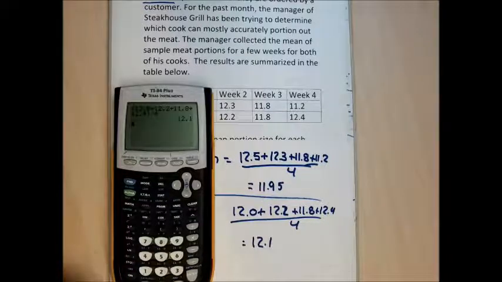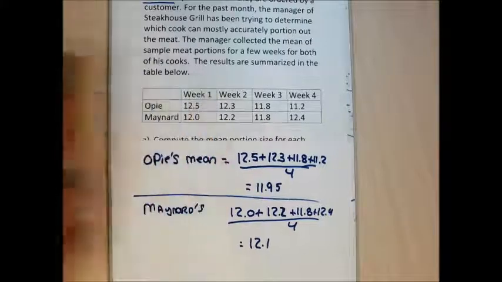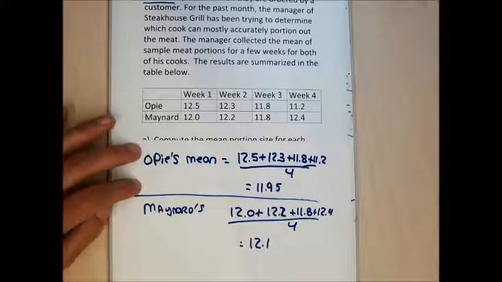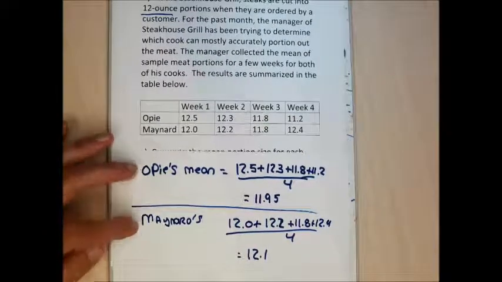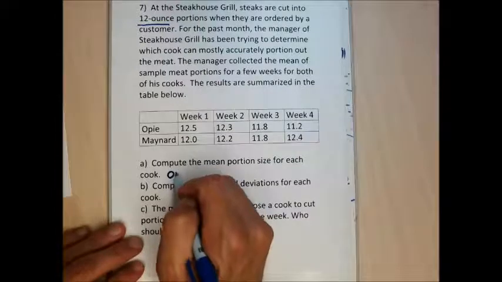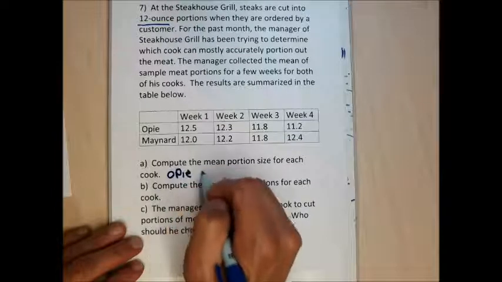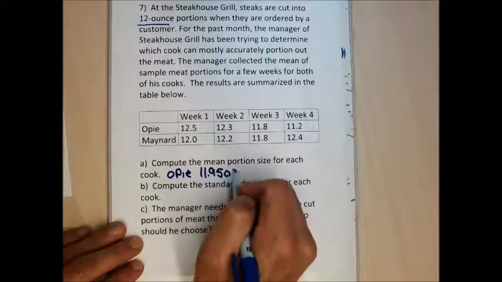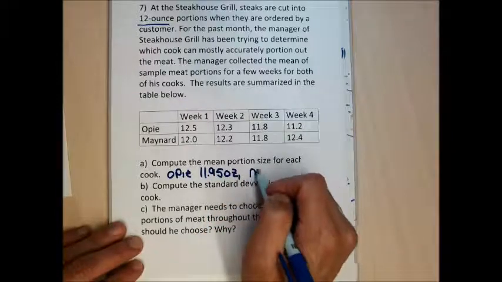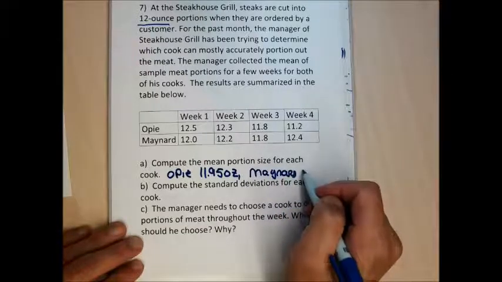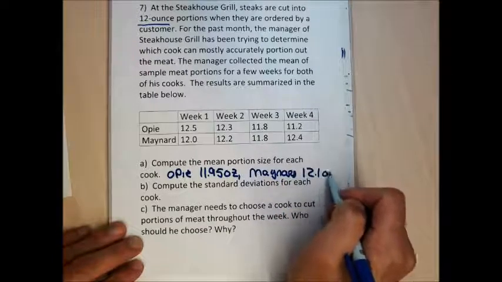So they're both right around the 12 ounces on average. Opie's a little bit shy of the 12-ounce goal, and Maynard's a little bit high of the 12-ounce goal, but for my part A, I'm going to say Opie is 11.95. I guess this is ounces, so I'll put ounces next to it. And Maynard is 12.1 ounces.